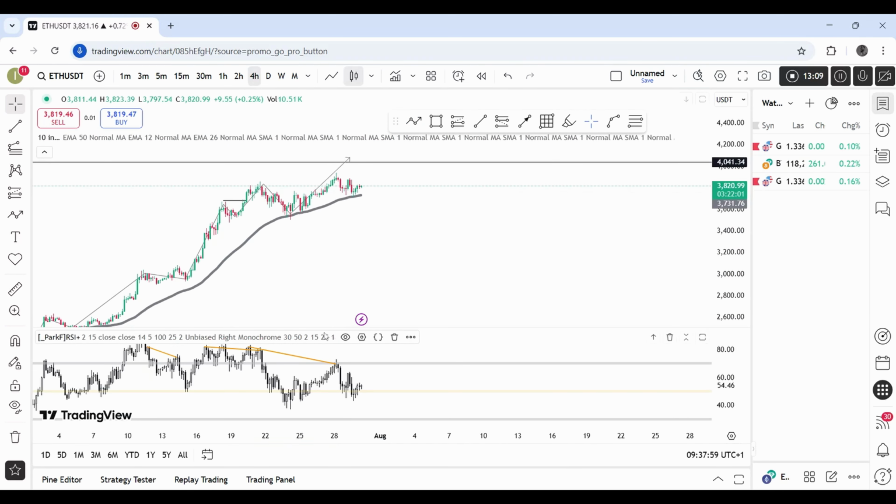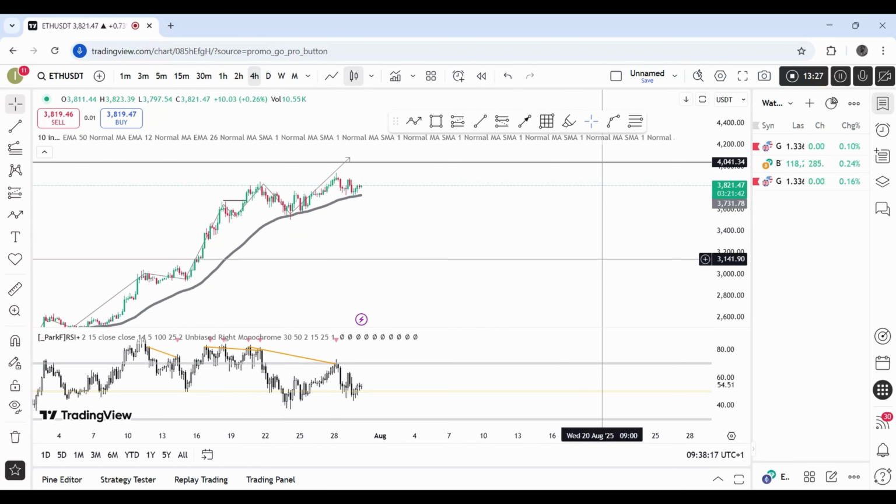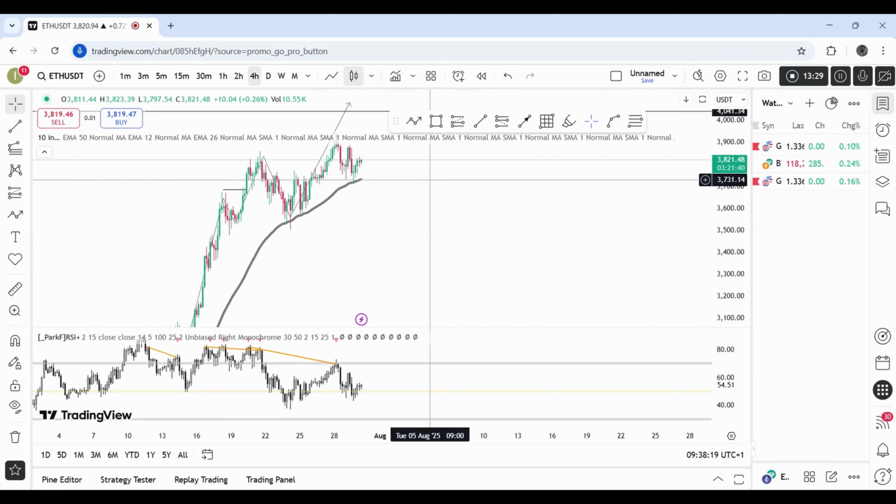And you can also see that price touched our equilibrium level in our RSI over here, and also touched our 50 EMA. That is a bullish sign for us to take a buy.